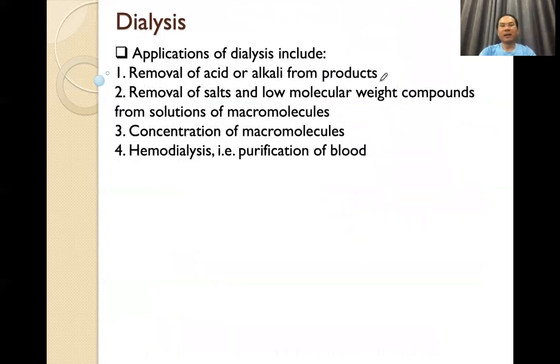The applications of dialysis include removing acid or alkaline from a product, and removing salt or low molecular weight compounds from a solution of macromolecules. We can also concentrate macromolecules, or use hemodialysis. In hemodialysis, we purify the blood, using the membrane to separate uric acid, urea, or other inclusions, and then you get clean blood.